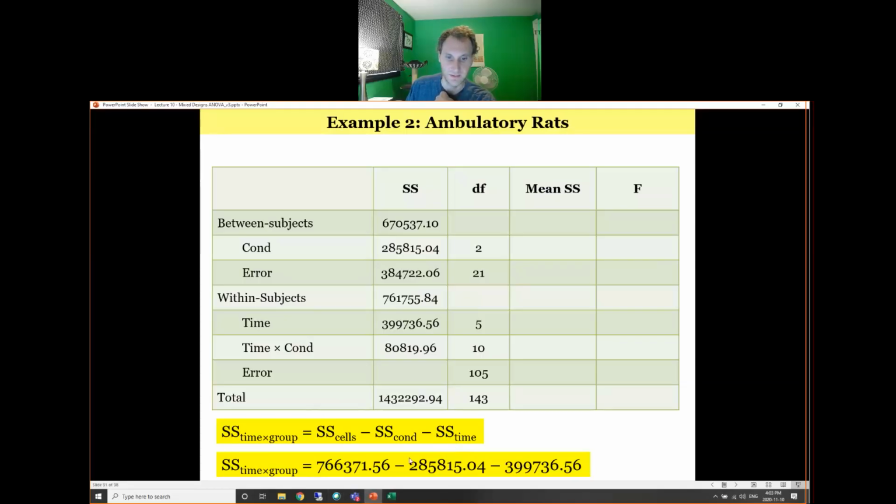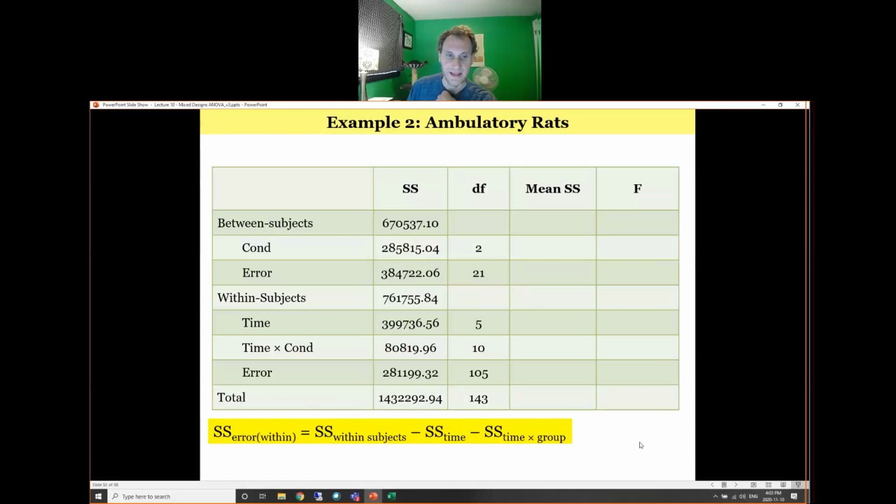That is shown down here. And error is what is left over. I had 761,755.84 sums of squares at the within subjects level. I simply subtract out the time and the interaction term to be left with the error.